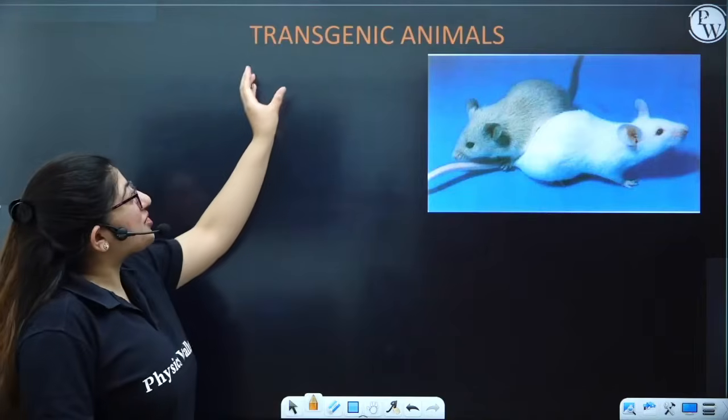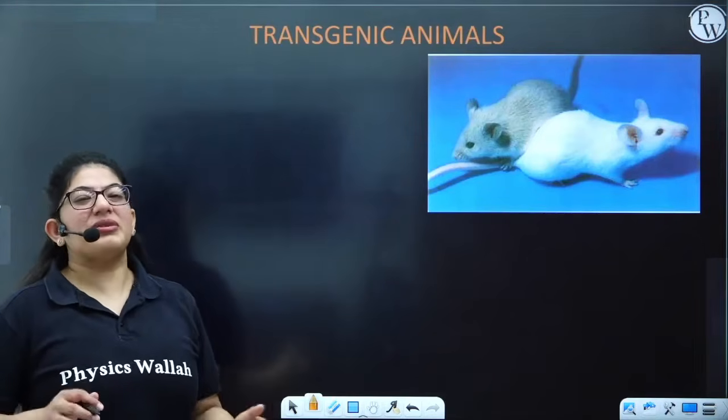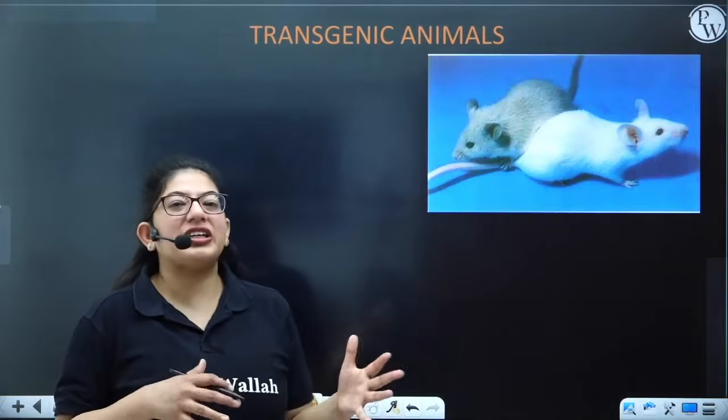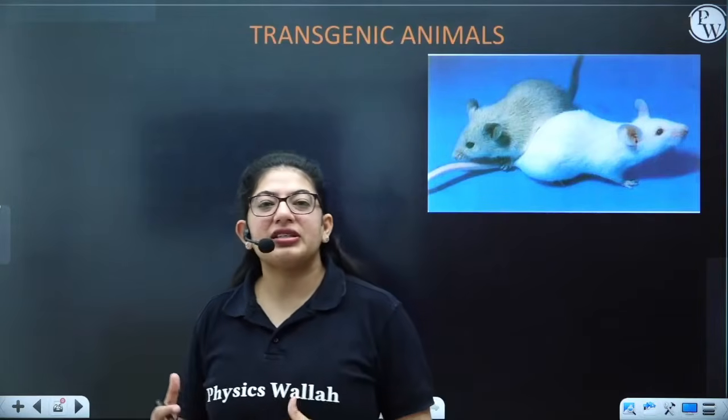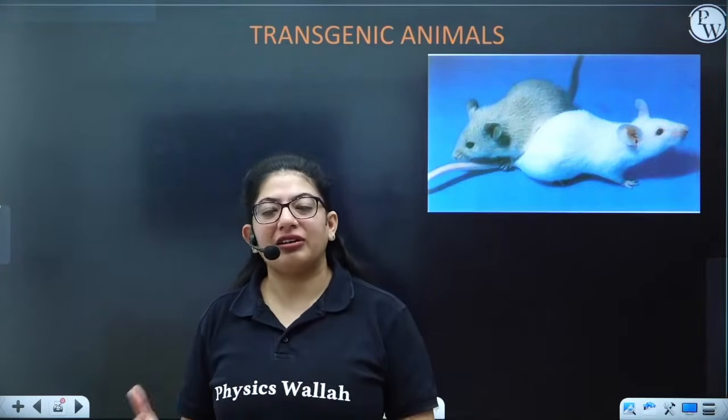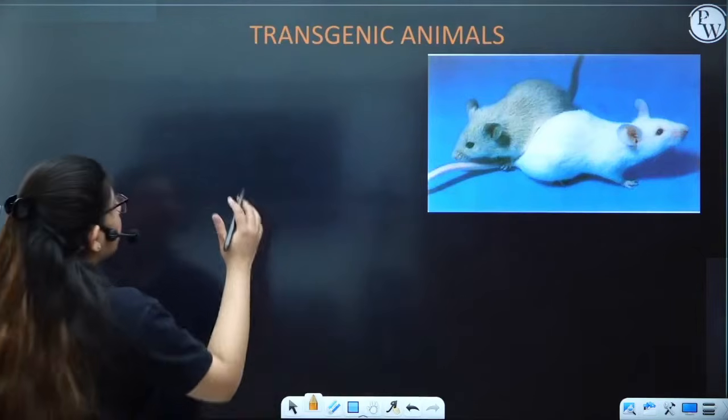So, what first of all are transgenic animals? Animals in which the gene is manipulated. That means you have added a gene or you have deleted a gene.